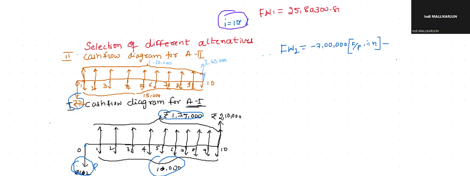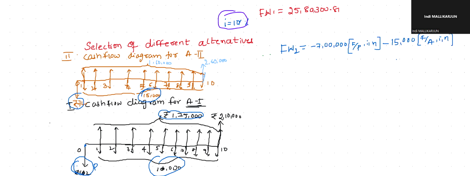Minus whatever the annual operating cost is, that is nothing but 15,000 into future value for given annuity, for given rate of interest and number of years.